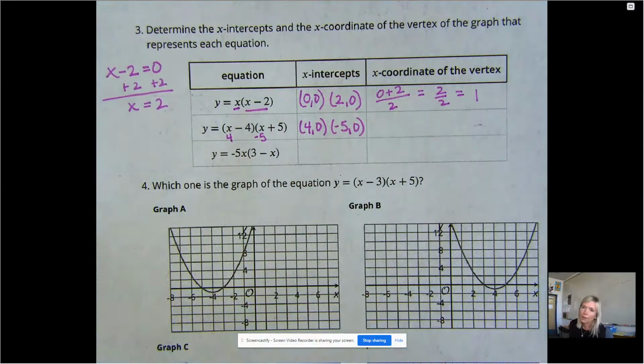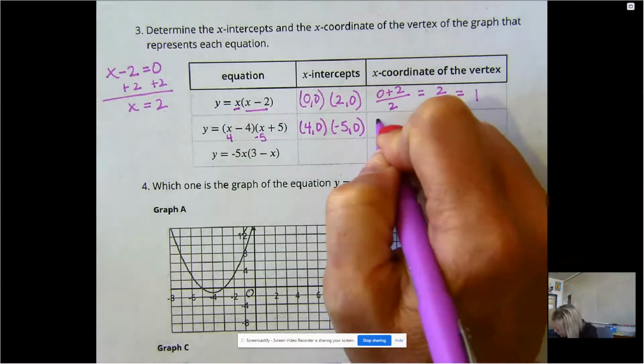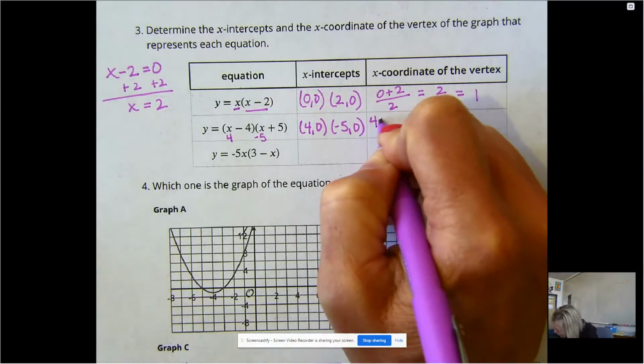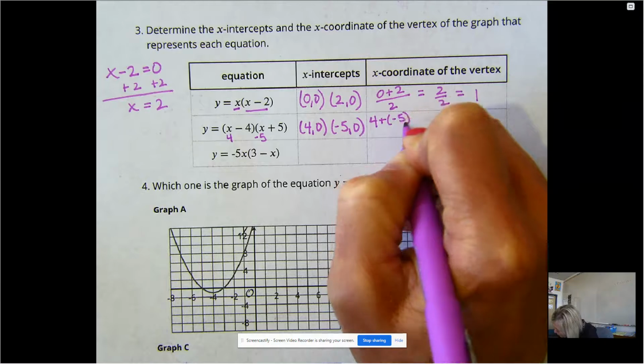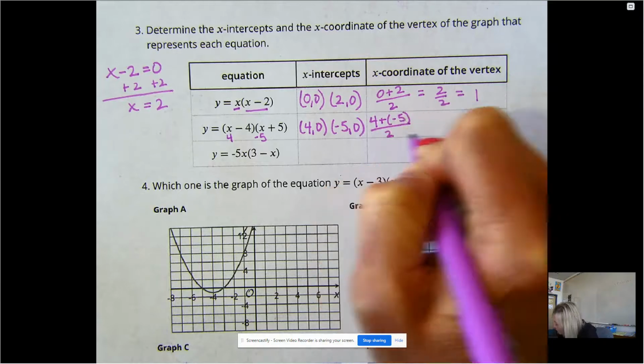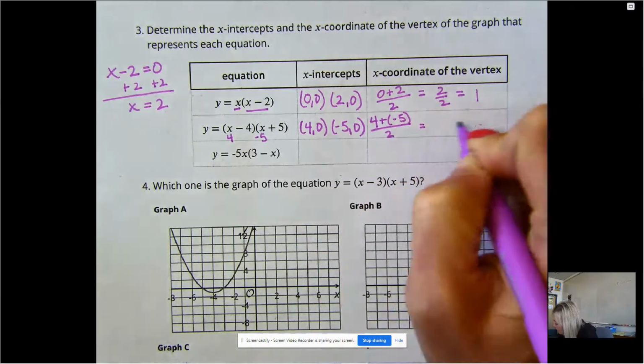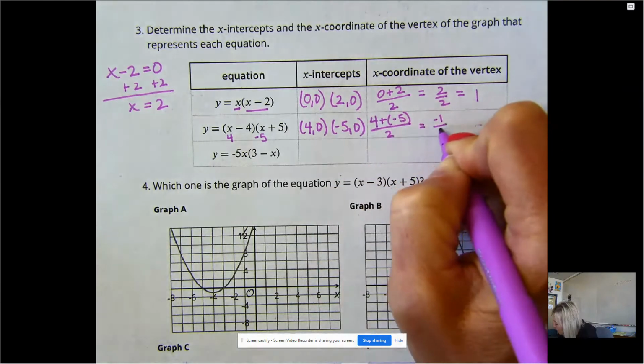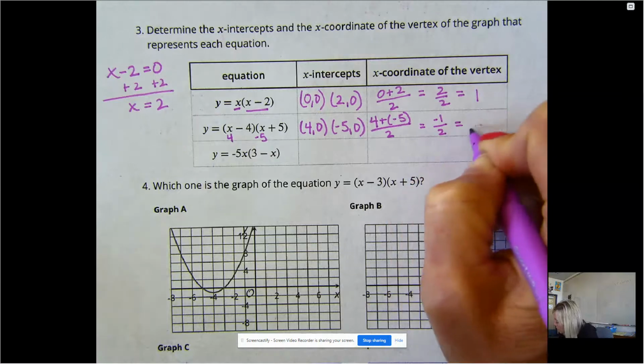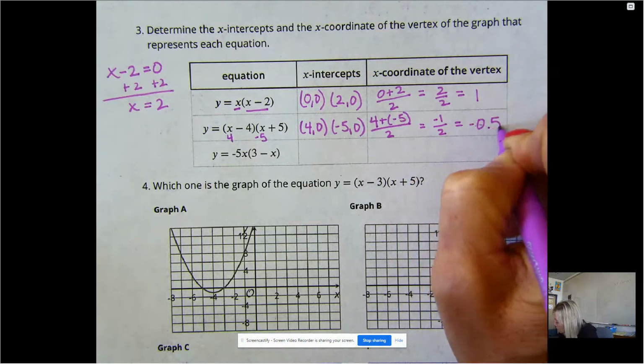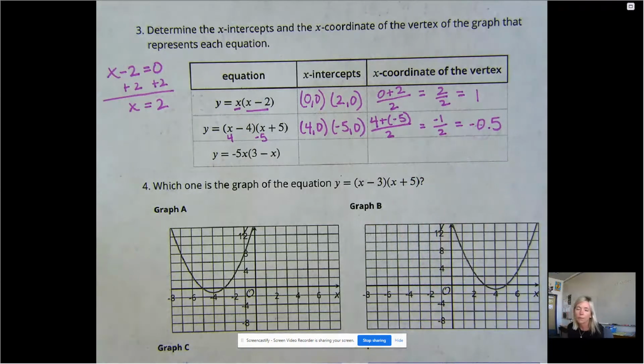And then to find the x-coordinate of the vertex, again, we have to find the number in the middle of 4 and -5. So to do that, we add them together, 4 plus -5, and divide it by 2. 4 plus -5 is -1, and -1 divided by 2 is -0.5.